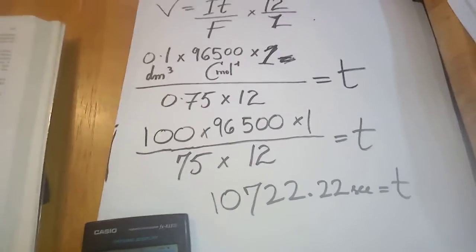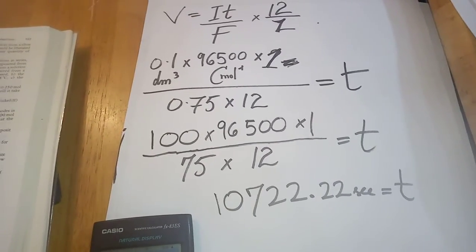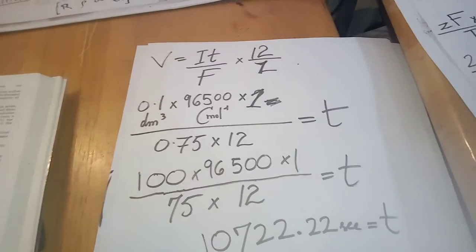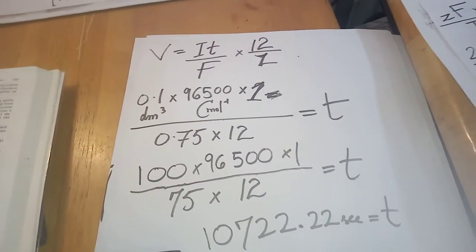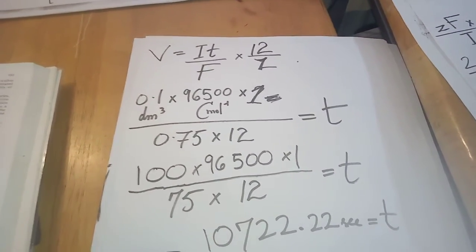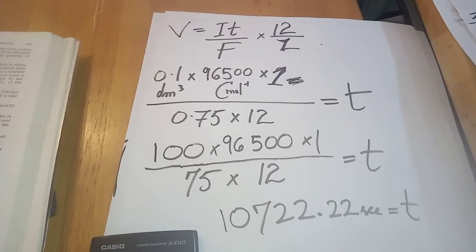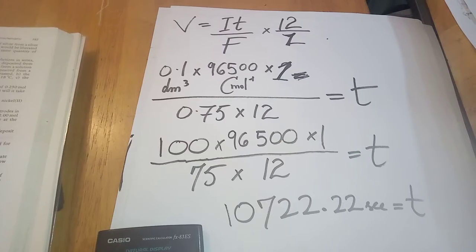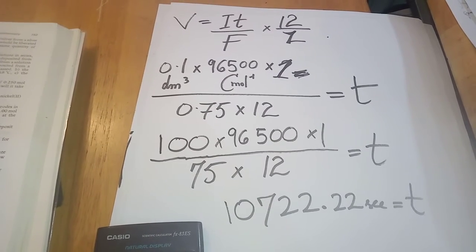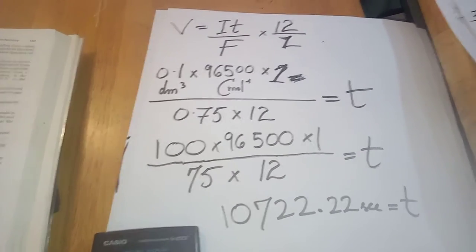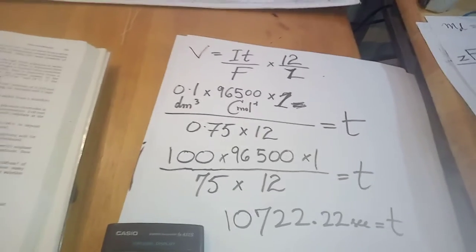So cm cubed times F times Z. I think the Z should be divided by 12.